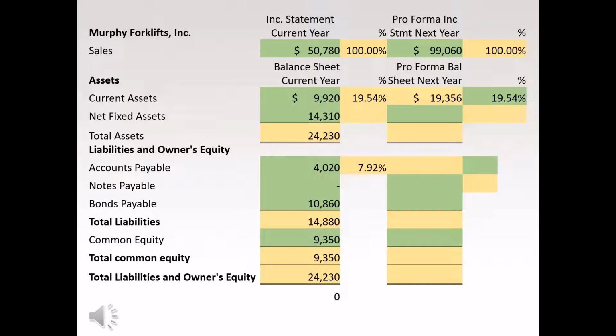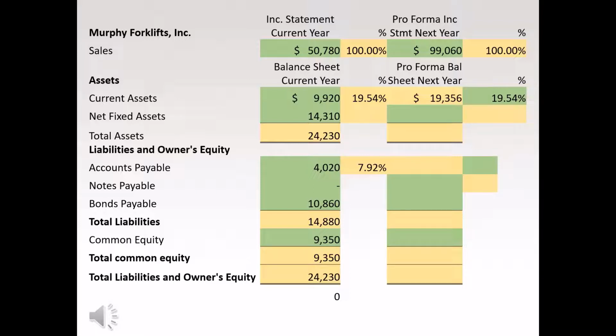When we project in our pro forma using percentages of sales, we take last year's percentage of sales and apply it to this year's sales amount. So the 19.54 is added in, you can see it's in the green cell here. That came straight from last year's 19.54.